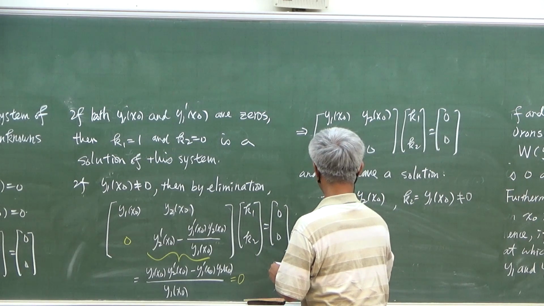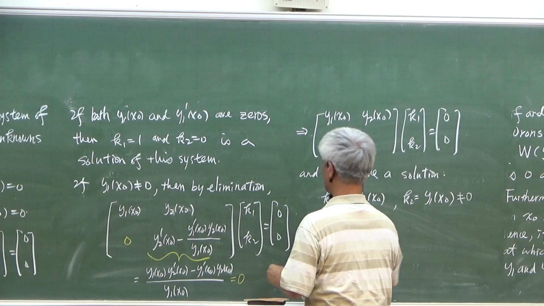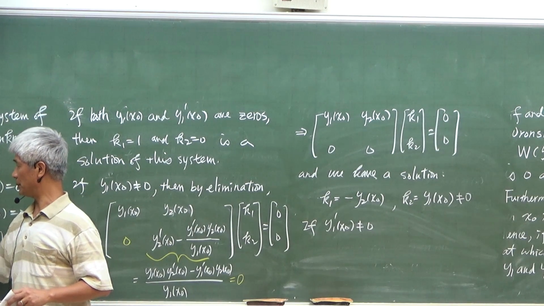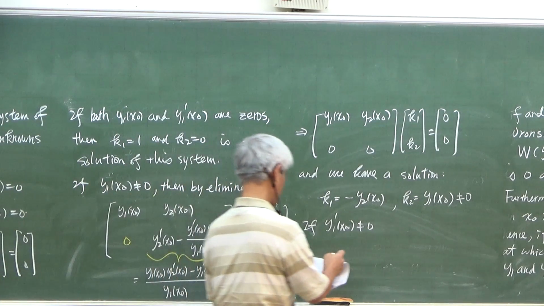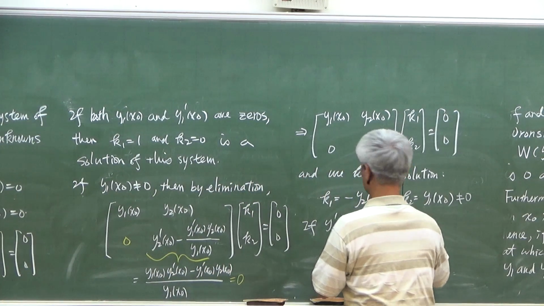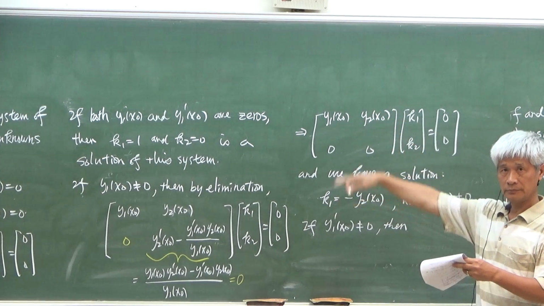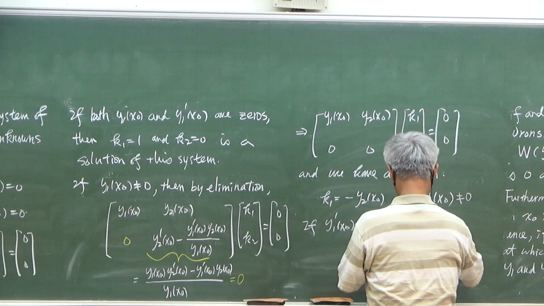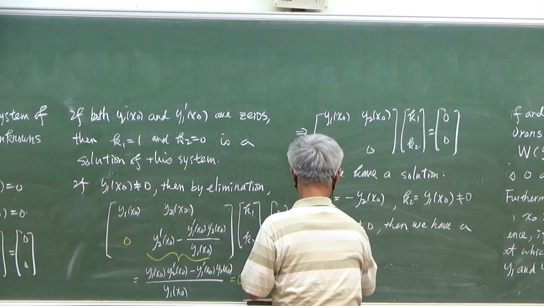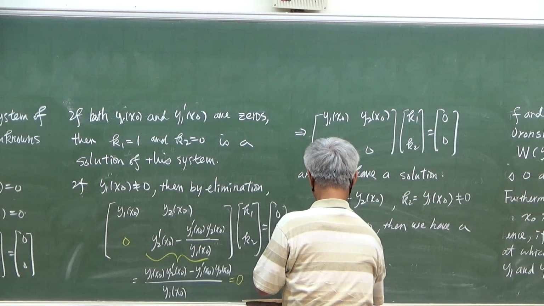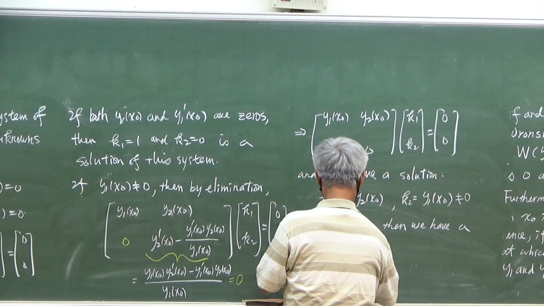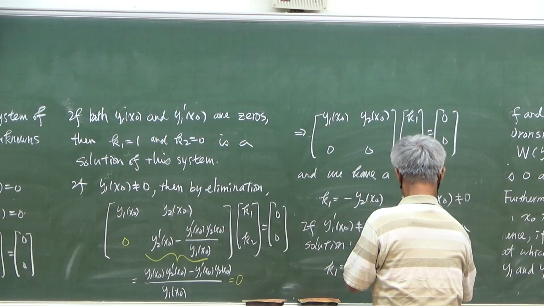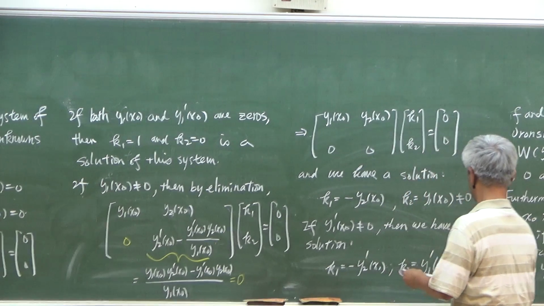Finally, suppose y1 prime x0 is not equal to 0. It's possible this is equal to 0, but suppose this is not equal to 0. Then, by doing the same elimination steps, we have a solution: k1 is equal to minus y2 prime x0, and k2 is equal to y1 prime x0, which is not equal to 0.